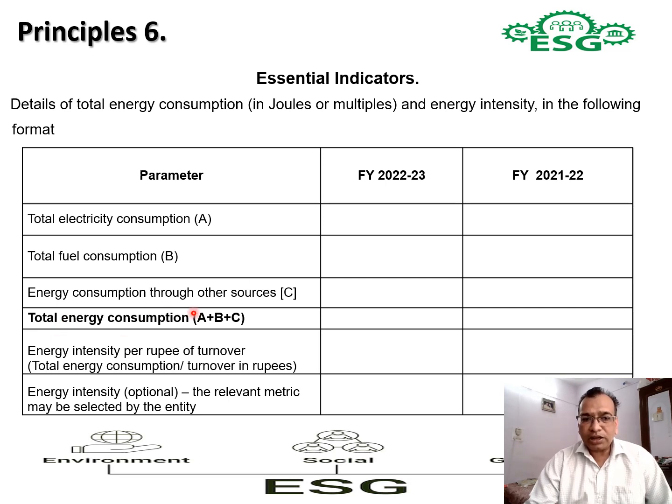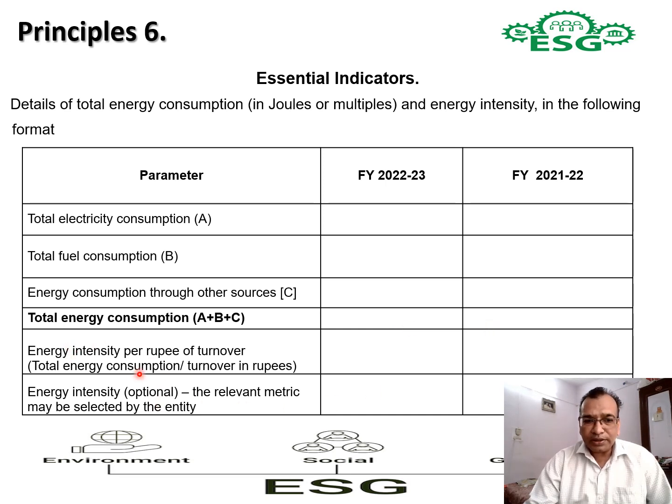Then comes energy consumption from other sources, denoted as C. Here it is expected that you report the briquette consumption, that is agricultural bio waste. Next comes the total energy consumption, that is the summation of A, B and C, for the current financial year and previous financial year.